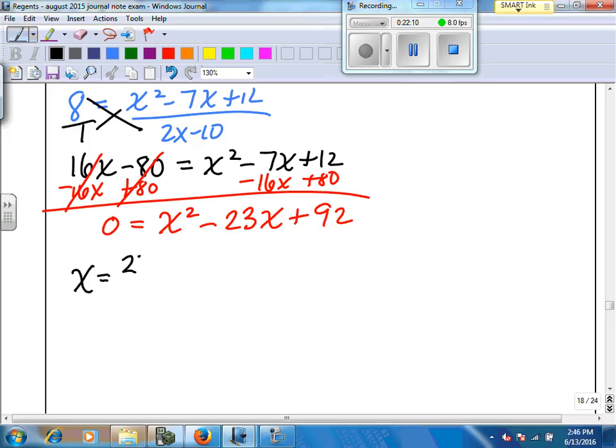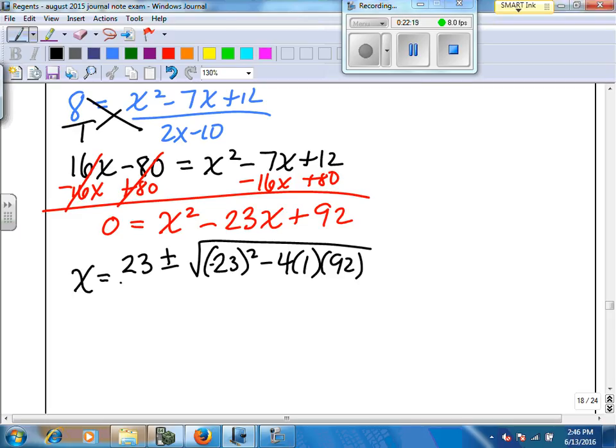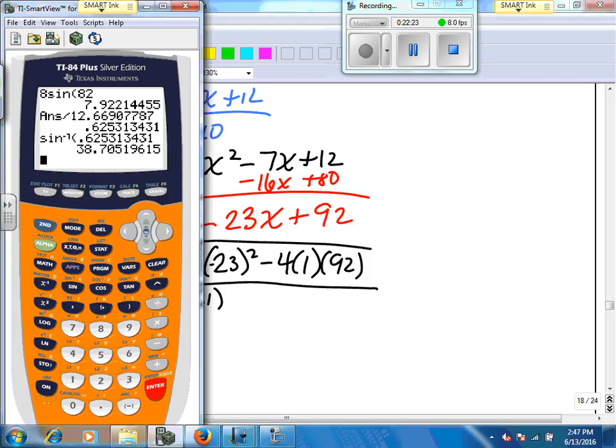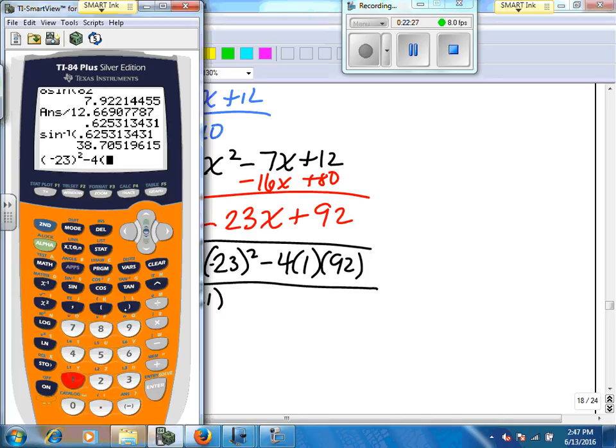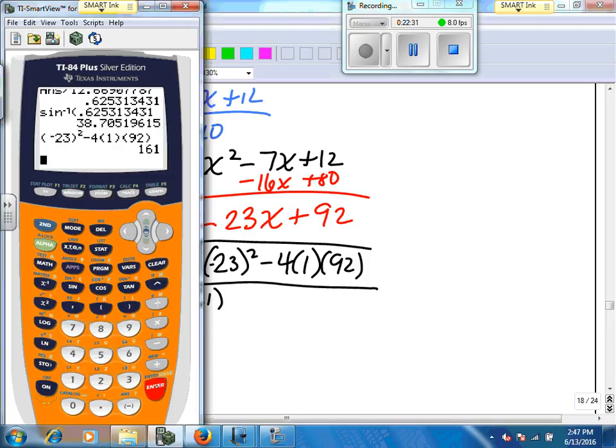X is equal to negative b, which would be positive 23, plus or minus the square root of b squared minus 4ac, all over 2a. Let's figure out what that stuff under the radical gives us. Negative 23 squared minus 4 times 1 times 92 is 161.